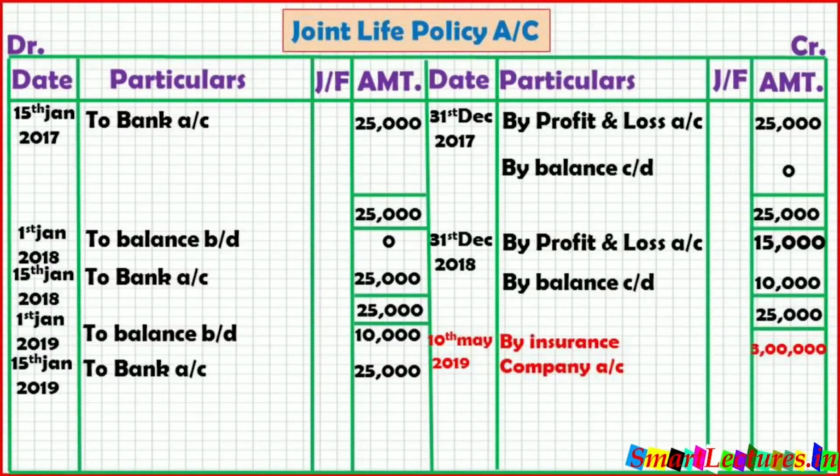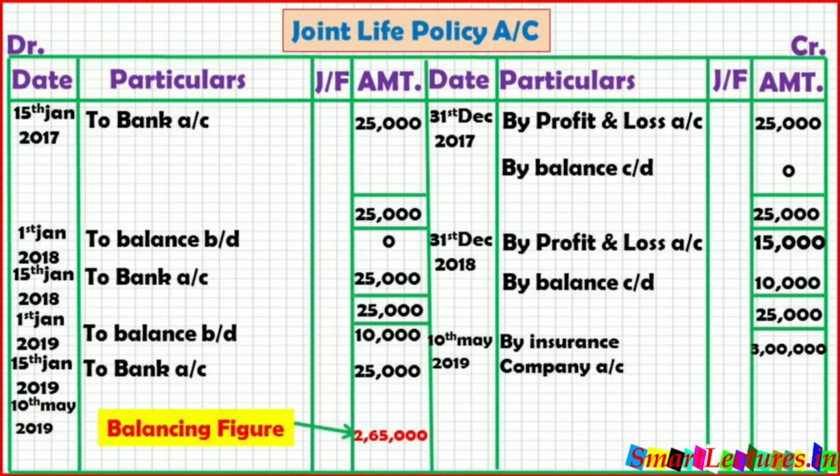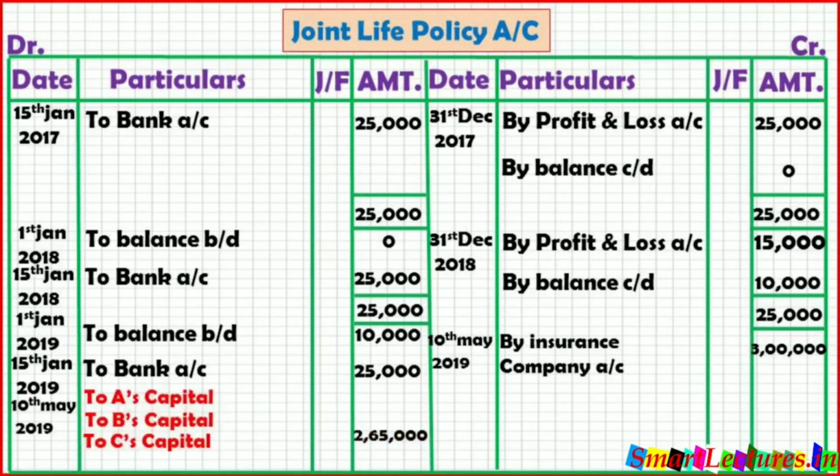So on the debit side on 10th of May 2019 the balancing figure was 265,000. This balance will be transferred to A, B, C. So to A's capital, to B's capital, to C's capital. You can write down in the inner column 88,333, 88,333, 88,334.